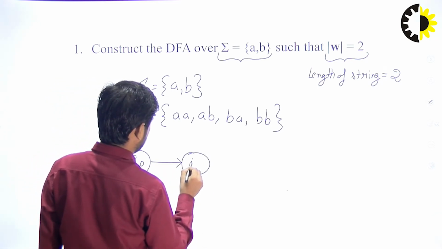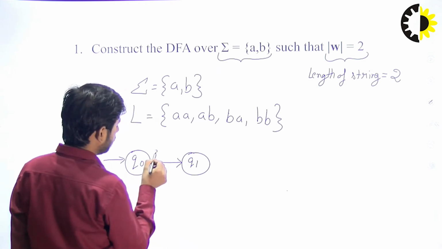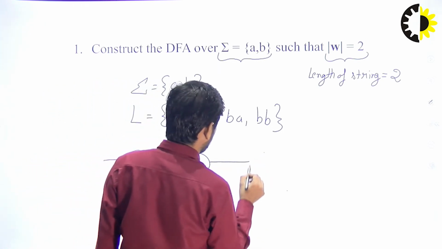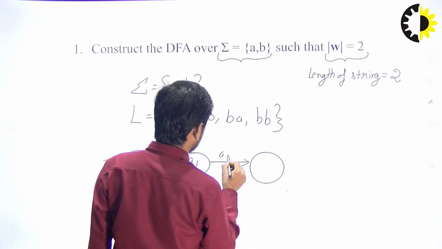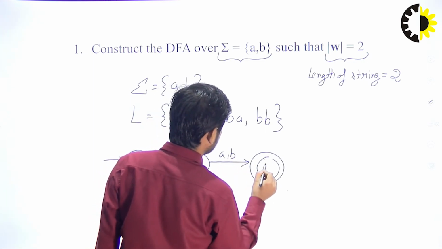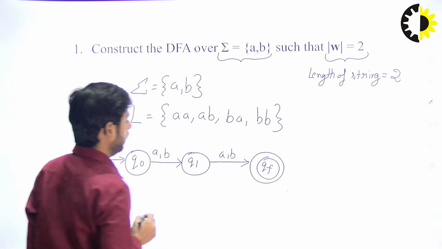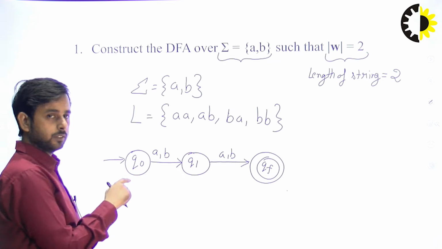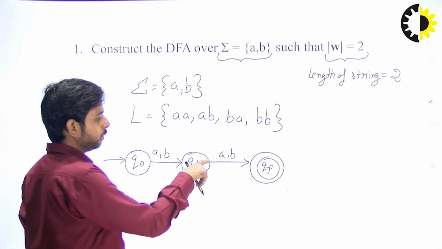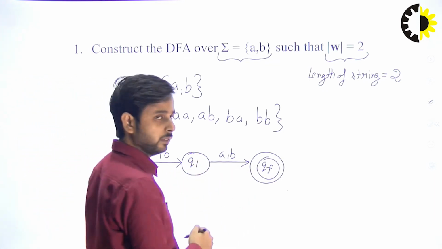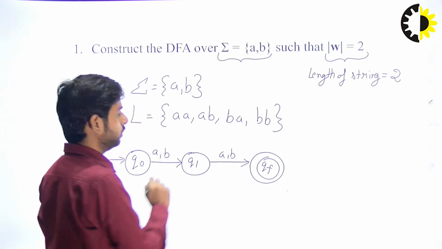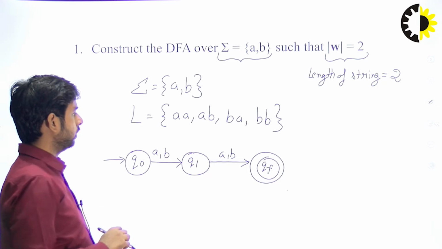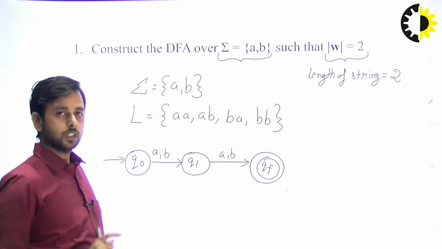There is state Q1, on input A and B it goes to state Q1, and on input A and B it goes to state QF. So at Q0 all the inputs are defined. At Q1 inputs A and B are defined. At QF A and B are not defined. So this is not a DFA. Till now it is an NFA. This is not a DFA, but it will accept the strings of length 2.